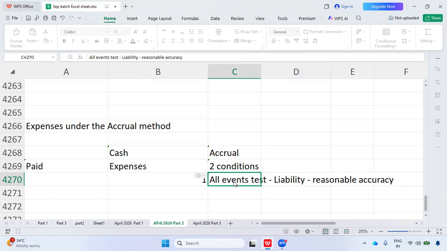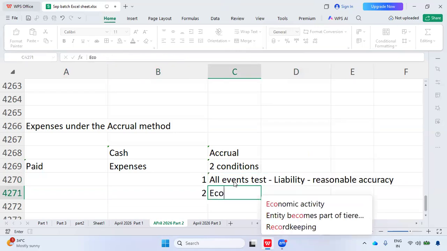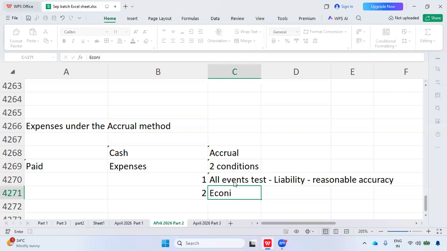The next requirement, requirement 2, is economic performance. There should be economic performance. So what is economic performance here? Economic performance means generally the business either sells the goods or provides the services.